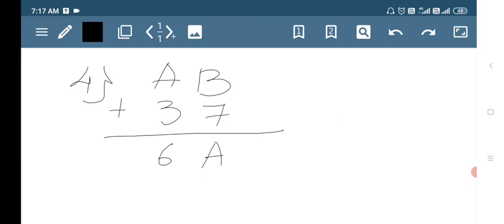So, now there should be A and there should be the same number to be added to get 6 here, isn't it?